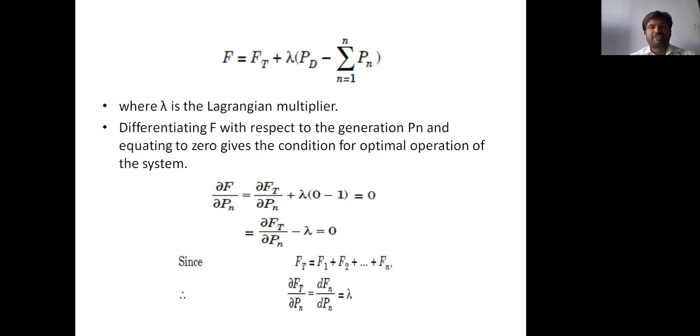Differentiating F with respect to generation Pn and equating to zero gives the condition of optimal operation of the power system.